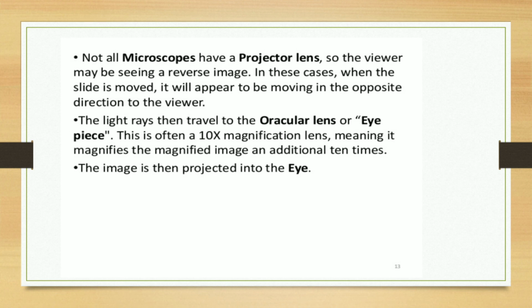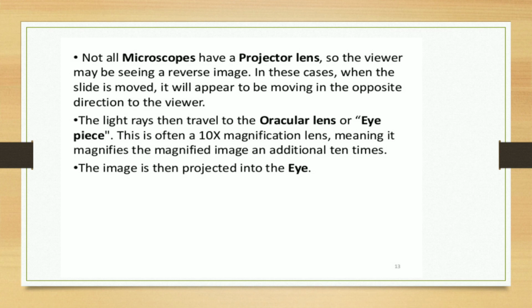The light rays then travel to the ocular lens or eyepiece. This is often a 10x magnification lens, meaning it magnifies the magnified image an additional 10 times. The image is then projected into the eye.